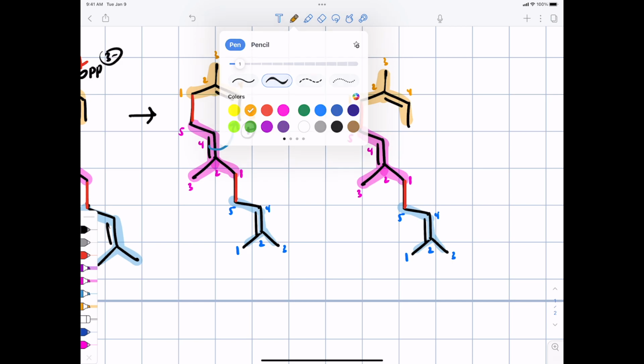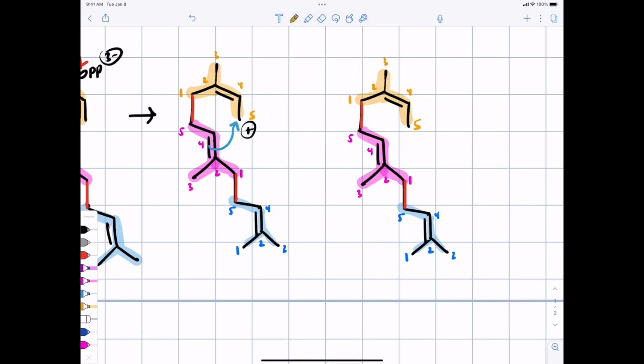That is, we want to get the more substituted carbocation. So here is the new bond that we made, and I need to get rid of that pi bond and put a positive charge on pink carbon 2.